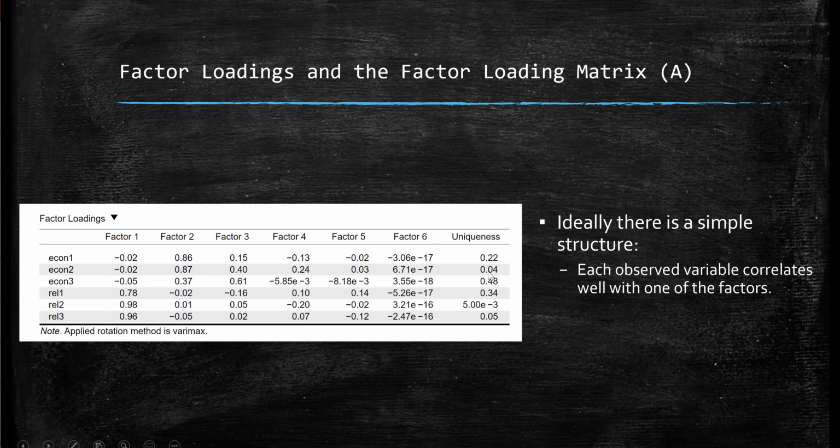We've accounted for a remarkable amount of variability in Econ 2. Econ 3, not so much. Relationship 1, 0.34 has not been accounted for. Relationship 2 is basically entirely accounted for, and relationship 3 as well is mostly accounted for.